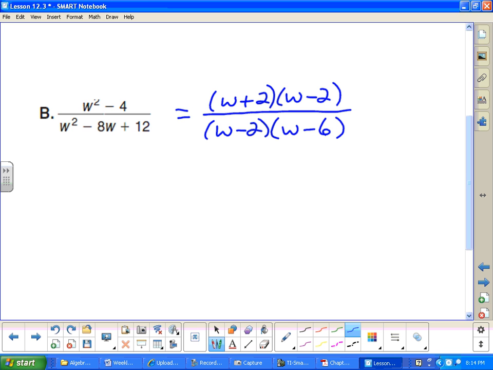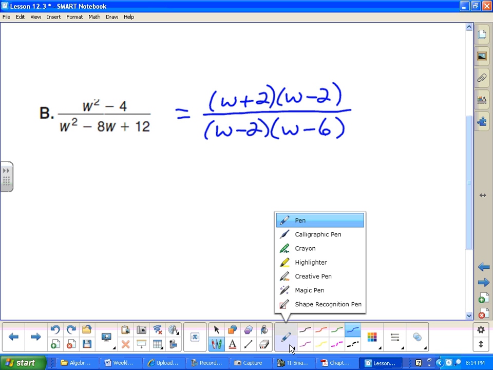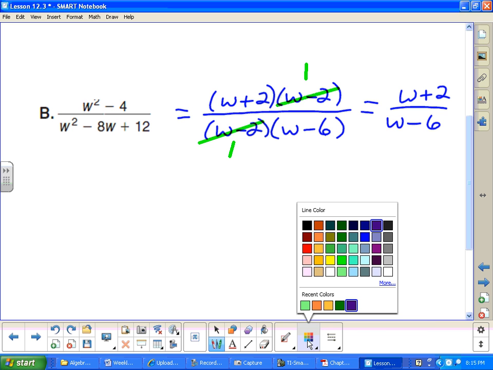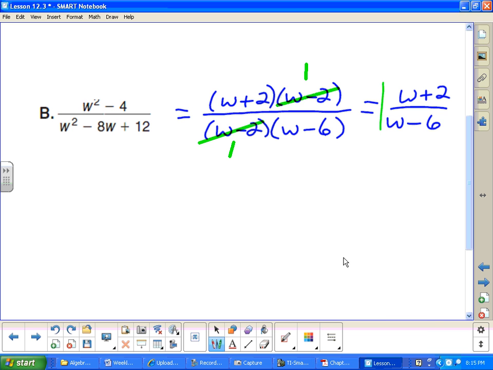All right. So now we have common factors in the numerator and the denominator. So I can cancel the w minus 2's. So then I'm left with 1 in both of those spots. So I have w plus 2 times 1 is w plus 2 in the numerator and w plus 6 in the denominator, which gives us our answer.